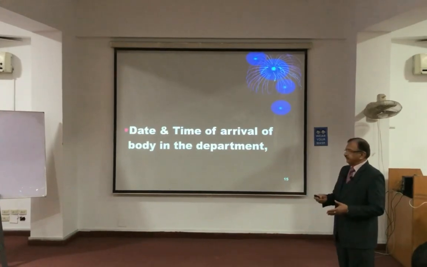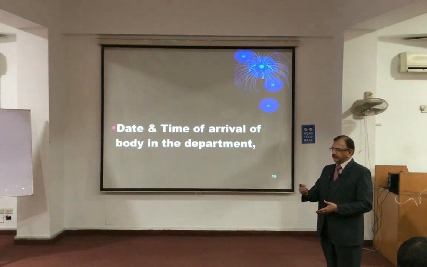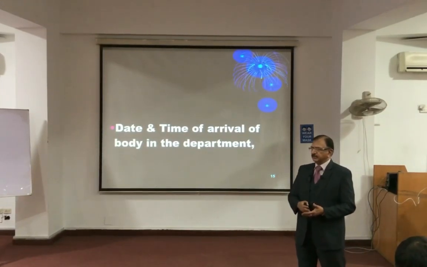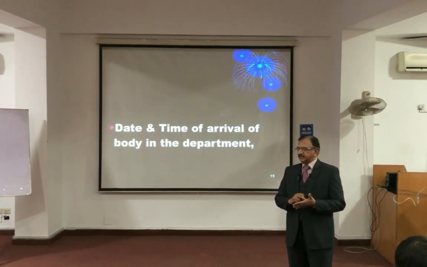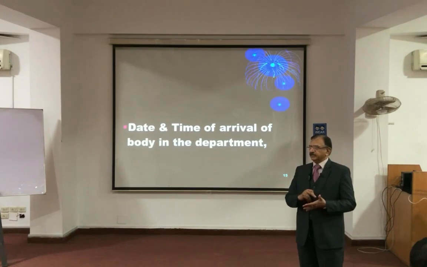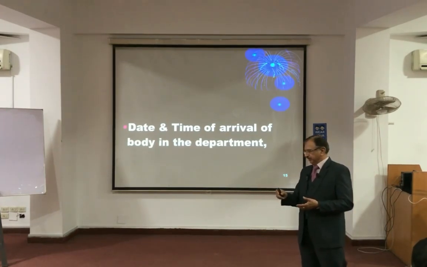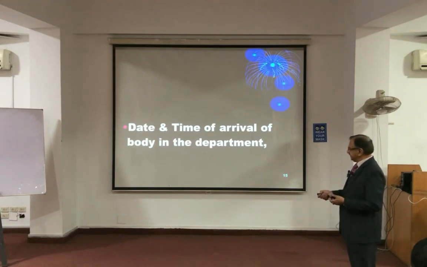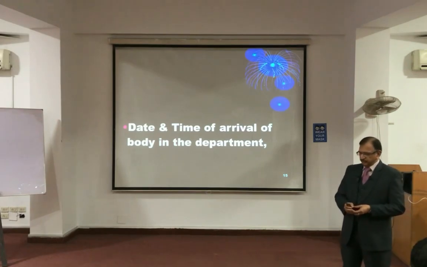This is important. When the body was received, then when the document or the authority was received. So both the times should be noted. Body was received at this date and time, and the authority letter for the conduction of autopsy was received at this date and time, so that no discrepancy regarding the delaying of the autopsy should be recorded.